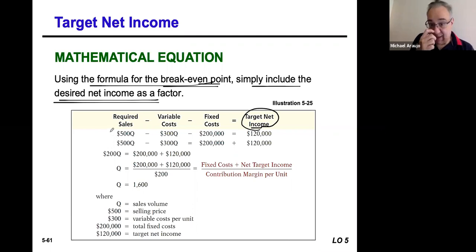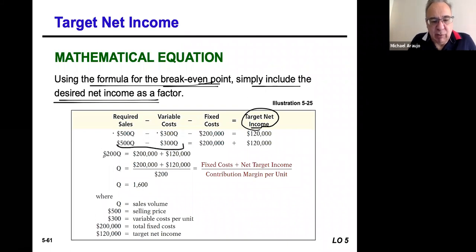So again, this is the exact same company. They're selling their camcorders for $500 each. They have $300 each in variable costs, and their total fixed costs are $200,000. But now they want a profit of $120,000. So when we calculate this out, you still have 200Q on this side, by combining these.